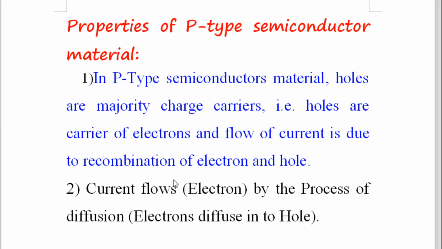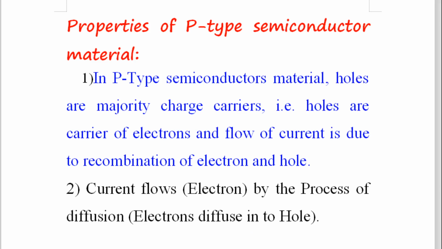Current flows. Current means what? Current I is equal to dq by dt, that is the rate of transfer of charge, and electron is the only charged particle. So current flows means electrons flow by the process of diffusion. Diffusion means electrons diffuse into holes, because vacancy of electron is nothing but hole.